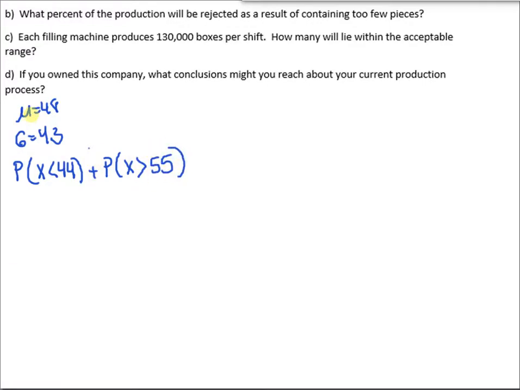Something to keep in mind: the probability from the normal table is the probability from the left tail all the way to that number. So we're going to have to do it a little backward for the second one, so pay attention to that.